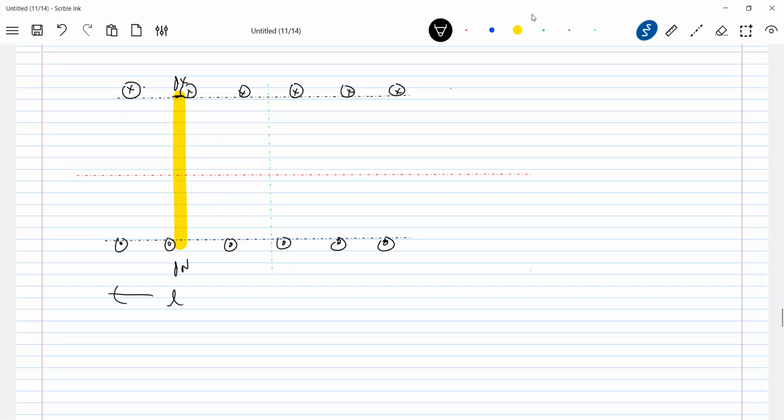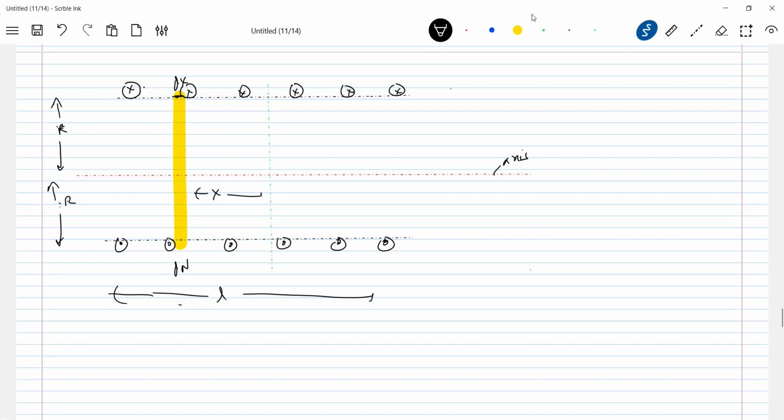Let the radius of the solenoid be capital R. This is the axis of the solenoid. Again, for the method we are going to take help of the Biot-Savart law. There's no other way, only the Biot-Savart law we can take help of.